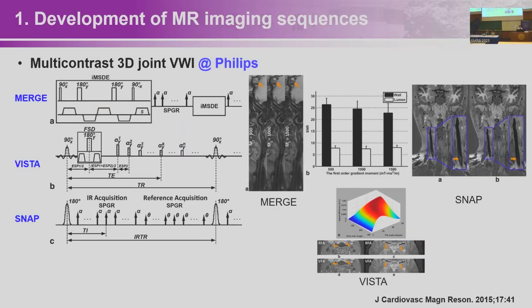So our group developed a multi-contrast 3D joint vessel imaging protocol, including MERGE, VISTA, and SNAP imaging sequences, to provide T1 weighted, T2 weighted, and hyper T1 images for imaging both the intracranial and extracranial carotid arteries.